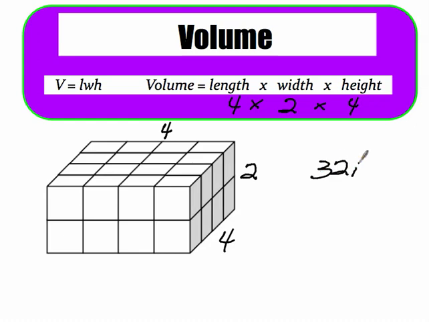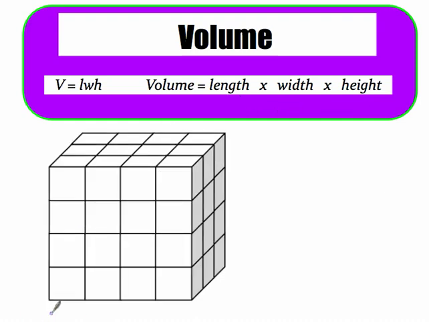And let's pretend these are inches, so we'd put inches with the 3, or cubic inches. And if we counted, we should get 32 also. 1, 2, 3, 4, 5, 6, 7, 8, 9, 10, 11, 12, 13, 14, 15, 16. 16 up here, plus 16 on the bottom. That would be 32. So there's our volume for this rectangular prism.